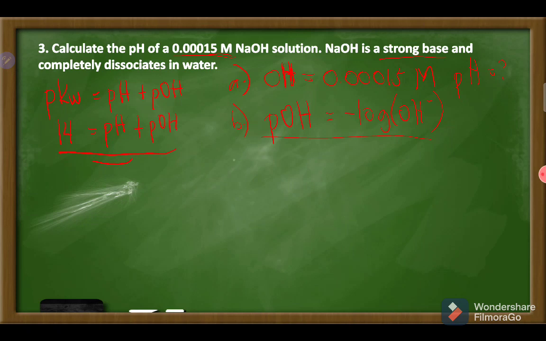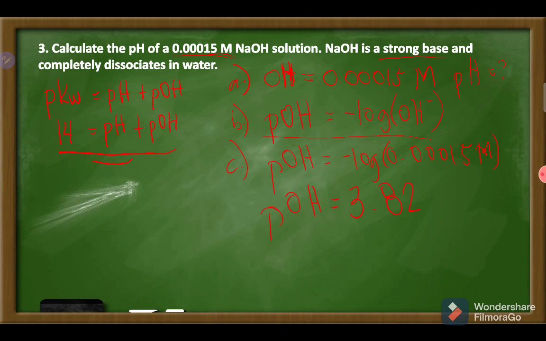Now for letter C, we need to substitute the values. So pOH is equal to negative log times 0.00015 molarity. So the value for the pOH will be 3.82.